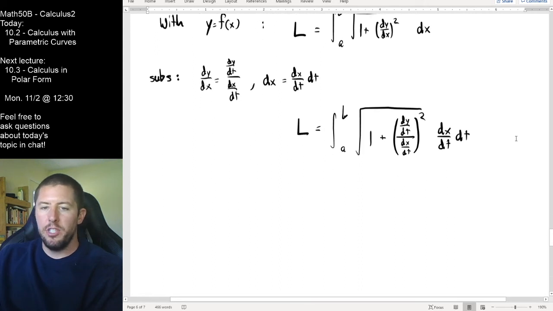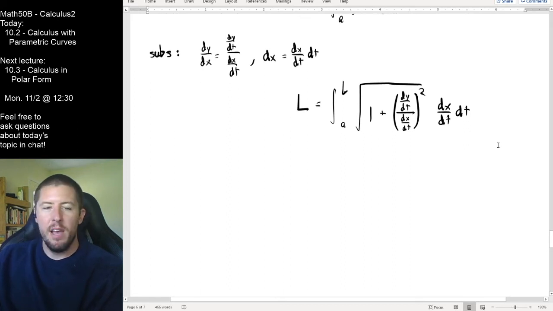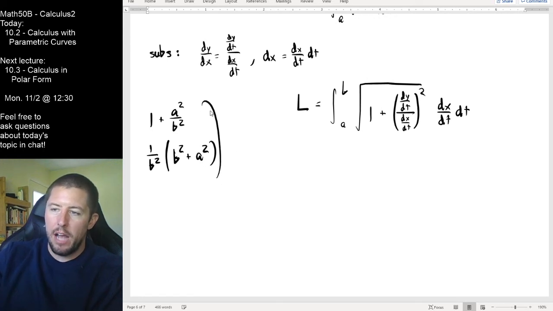So all we want to do is just clean this up into a usable form. I've made my substitutions. I've got everything in terms of the t's that we want to see, but there's some really nice convenient stuff that's going to happen here. So what I'm going to do here is I'm going to be picturing this as sort of like a 1 plus a squared over b squared, and I'm going to factor out a 1 over b squared, and that's going to leave me with b squared plus a squared. This is going to be my algebraic maneuver that I'm going to do over here right now.